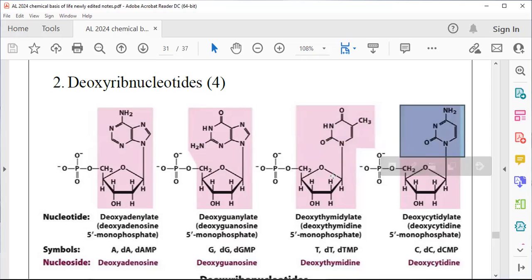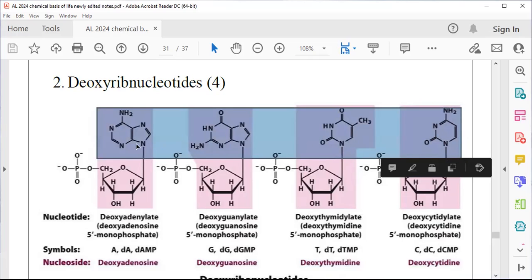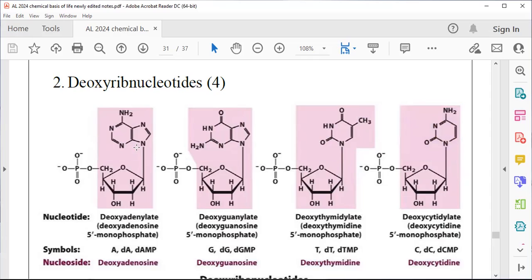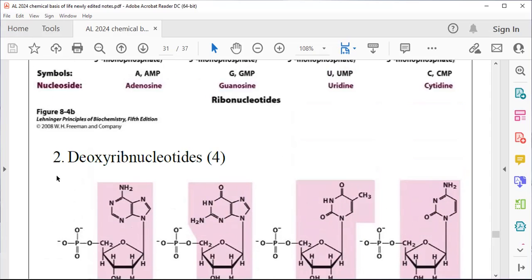How many deoxyribonucleotides are there? 4 types. They are different also according to the nitrogen bases. Clear? Yes, sir. Right.